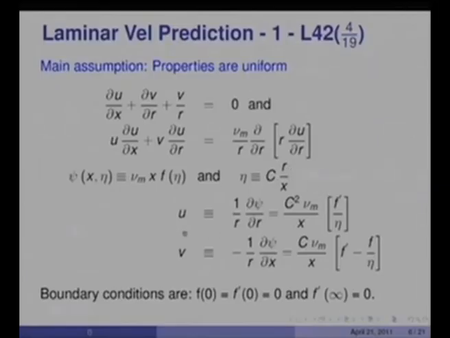Then u equal to 1 over r d psi by dr would become c square nu_m by x times f dash by eta, and v equal to minus 1 over r d psi by dx, c nu_m by x times (f dash minus f by eta). Since at the axis v is equal to 0, you have f(0) equal to 0, also f dash(0) is 0, and f dash(infinity) is equal to 0. These are the boundary conditions for the similarity variable f.